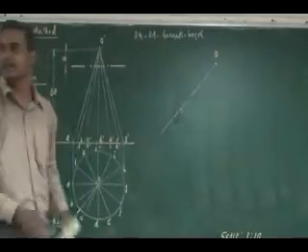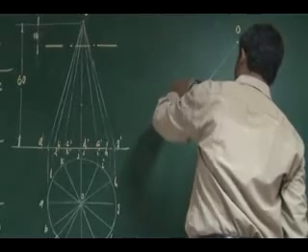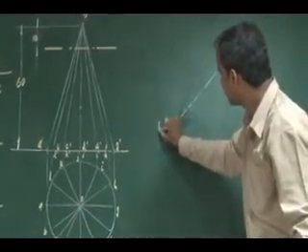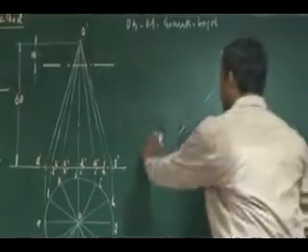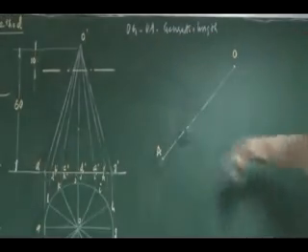Then you can draw the generator length for any inclination. So what is the generator length you measure? This is my generator length, say this is OA. For this generator length OA, I can draw an arc.